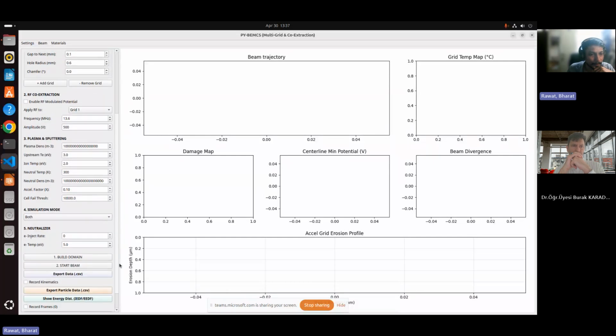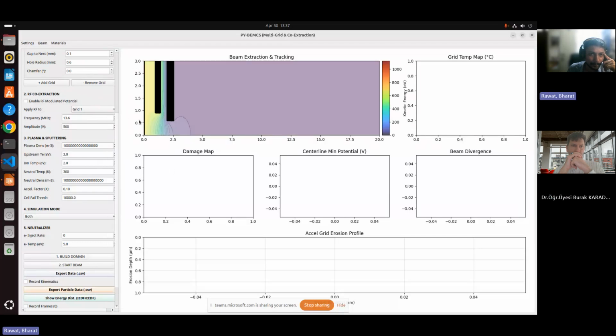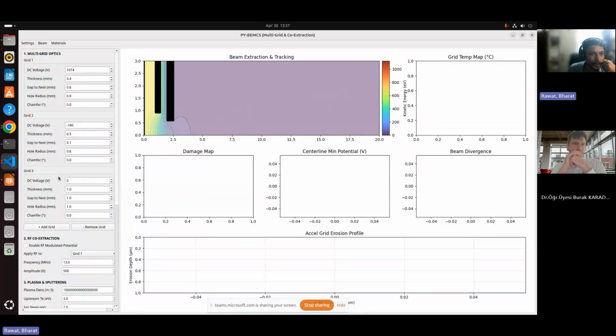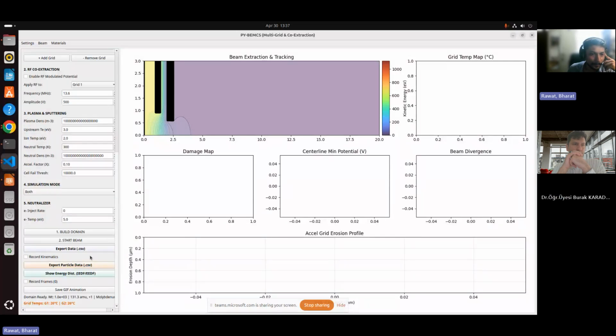To start the simulation, first you need to build the domain. Once you click build domain, it would run the solver and then create this potential profile. Let's say you want to add one more grid. I add one grid, and I put some arbitrary voltage with some random values.